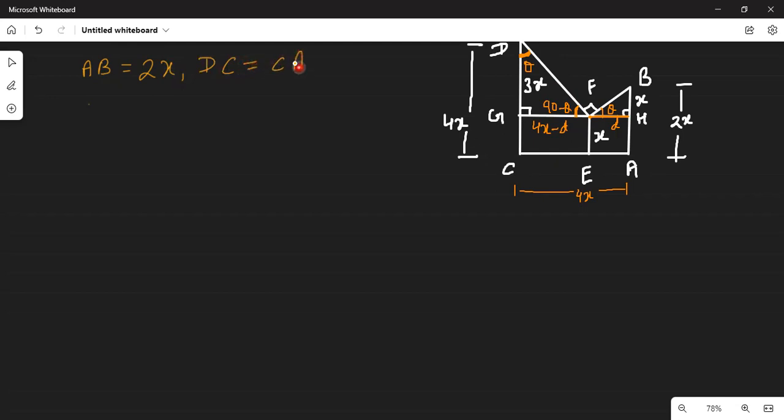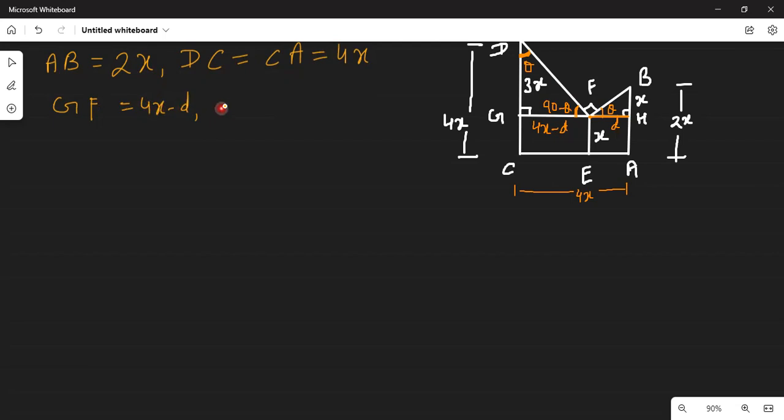Our GF is going to be 4x minus d, and FH is equal to small d.